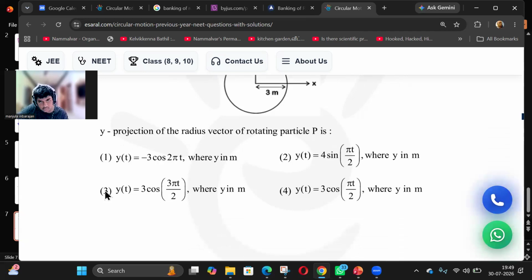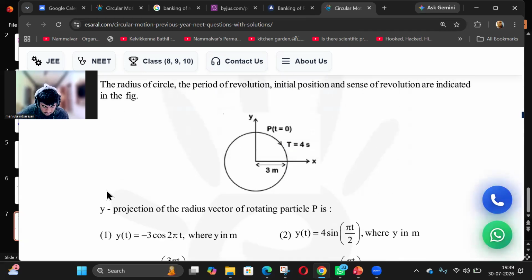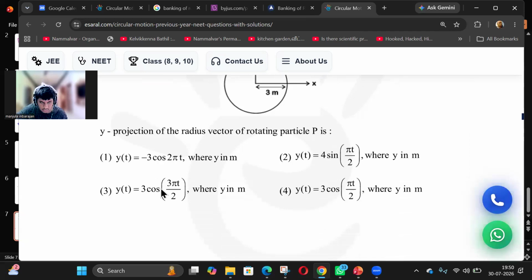And one more thing is you can check the time period. Time period is 4 seconds. So 3 pi t by 2 where y in meter.